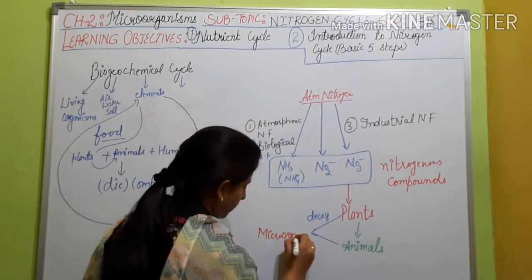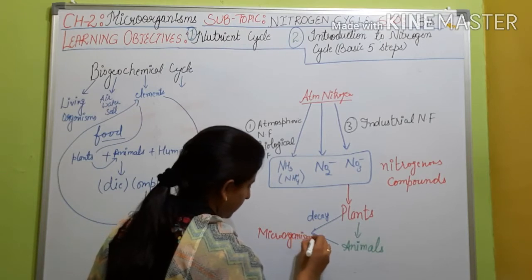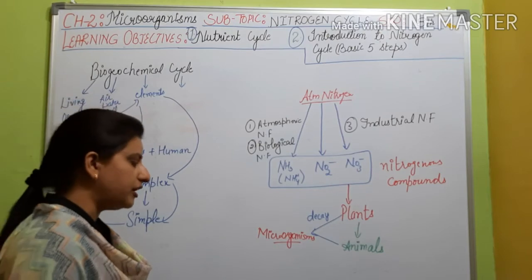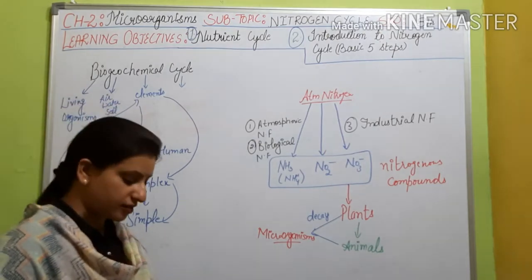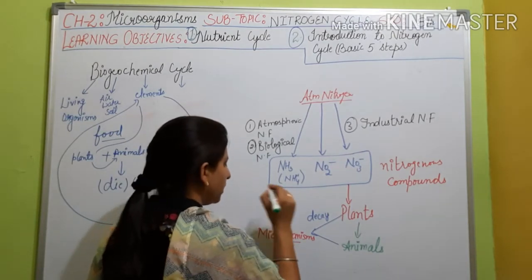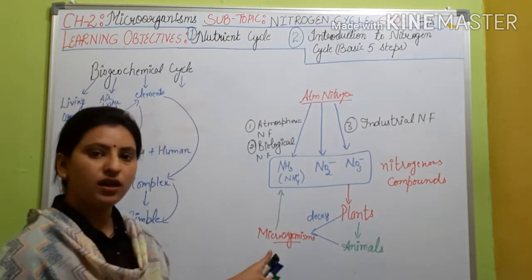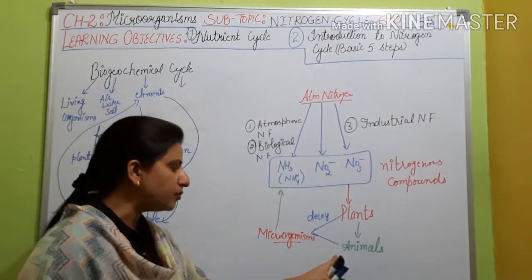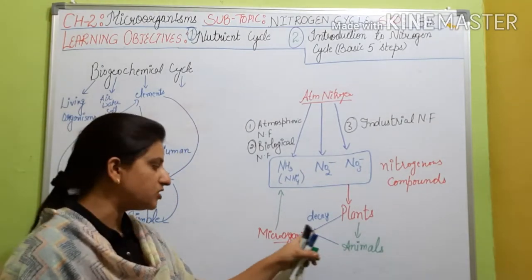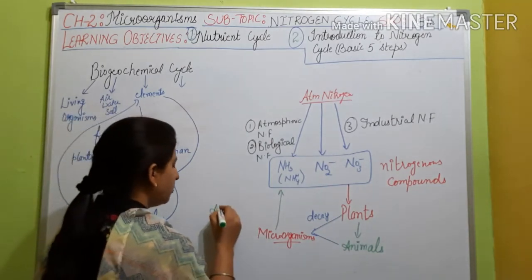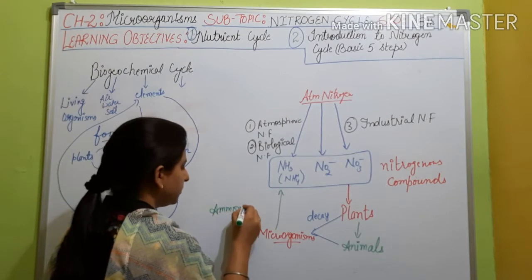And at that time, when the plants' and animals' bodies decay with the help of microorganisms, they are changed back into ammonia. This process, in which the complex form of plants and animals is changed back into the simple form, is called ammonification.